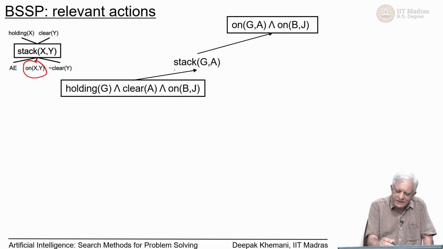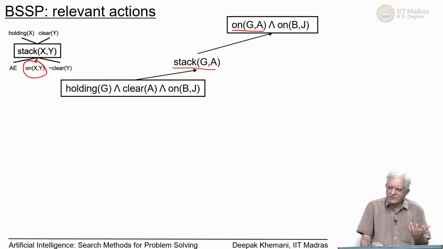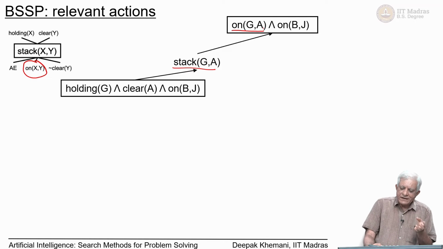This stack GA is relevant because it has a positive effect which is on GA. As you can see, it is a positive effect of the stack action, and also it must not delete anything from the goal. That was the other condition that we had for an action being relevant.